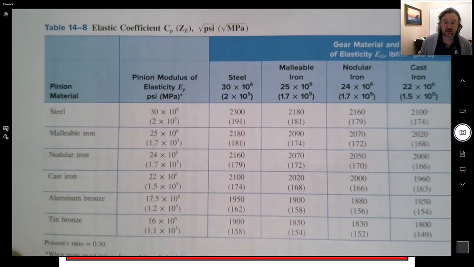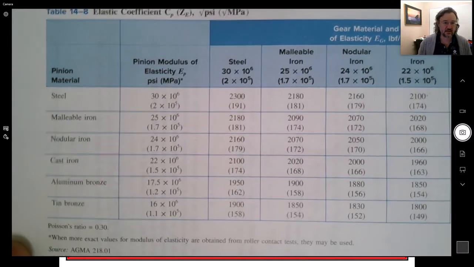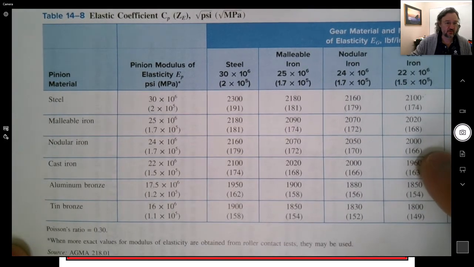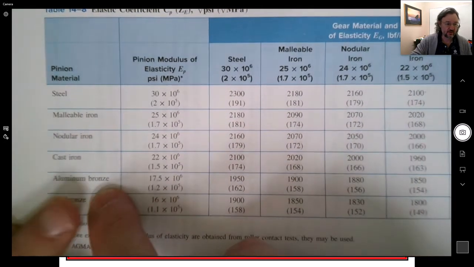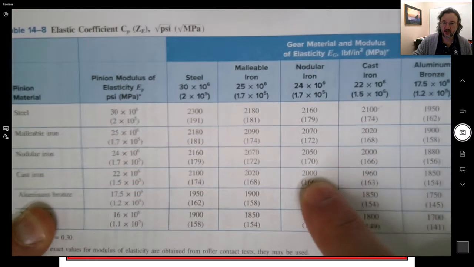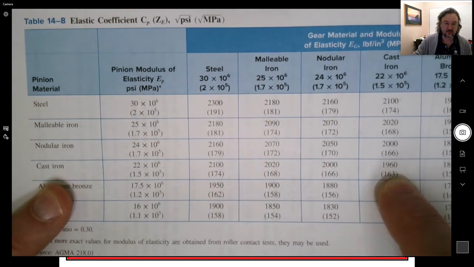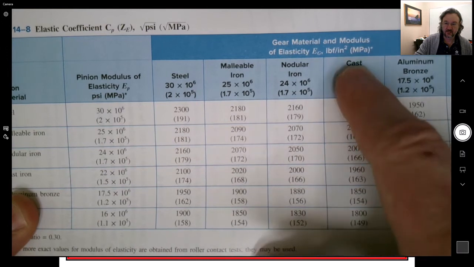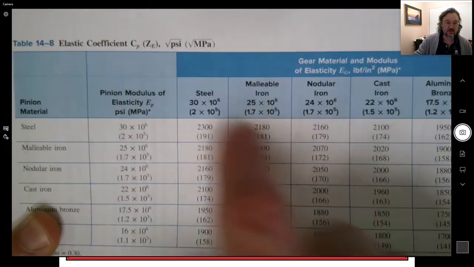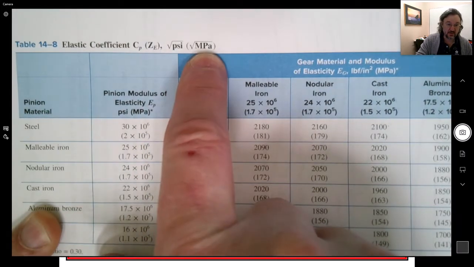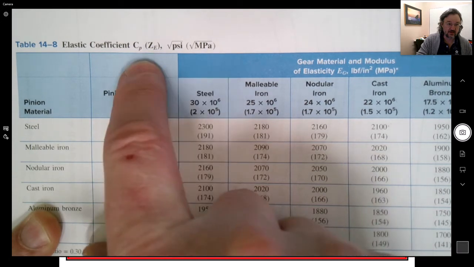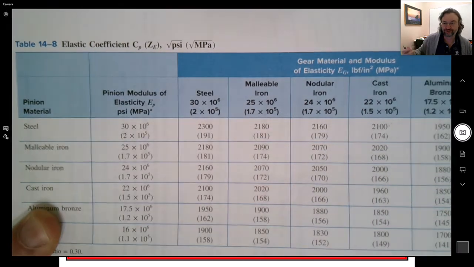But we're going to have cast iron, and you note that we're going to have SI in parentheses below right here. So I think for cast iron and cast iron, we have 163 with units of square root of megapascals right there, right? And note that sometimes they call it ZE. Sometimes they call it that, right?